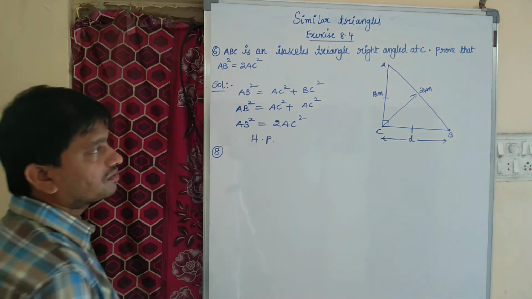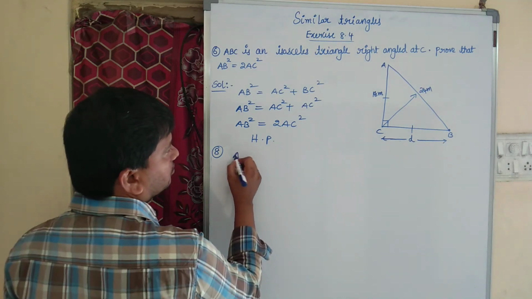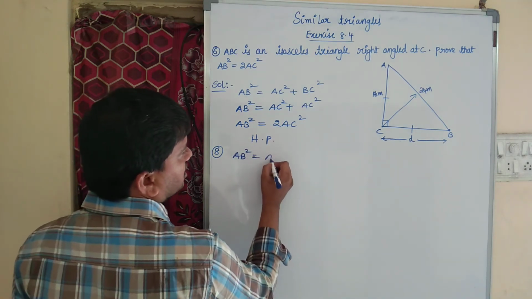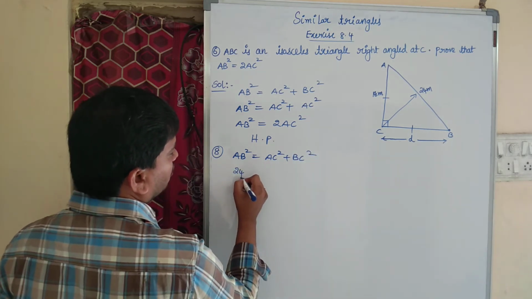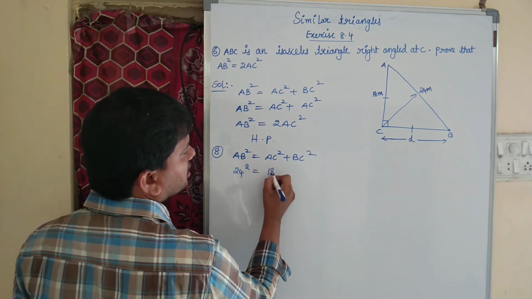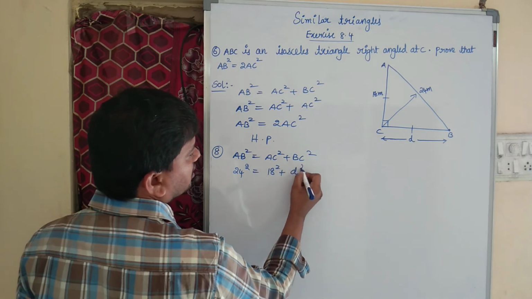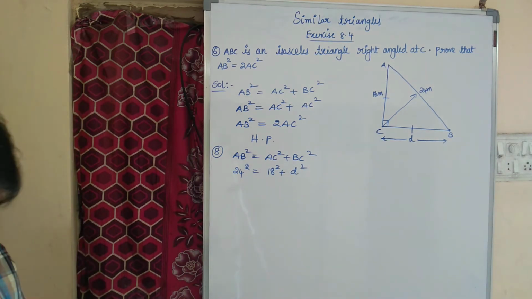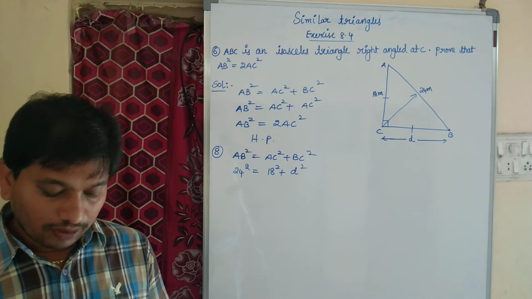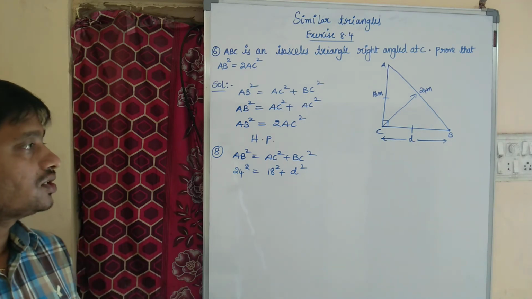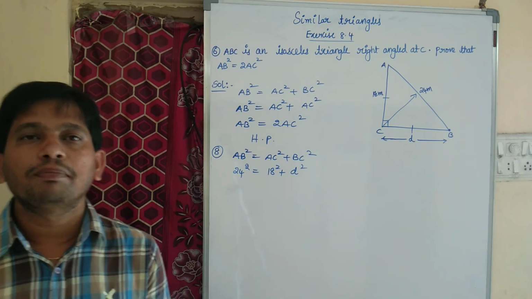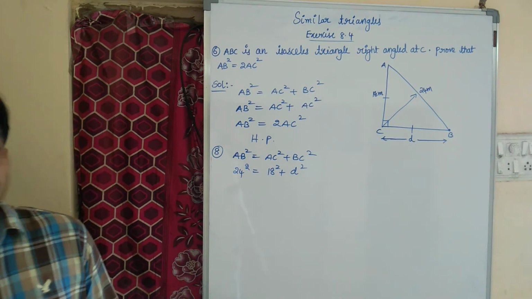Same, AB square equal to AC square plus BC square. AB is here 24 square equal to AC is 18 and BC is how far from the base of the pole the stake should be driven. So they are asking to find the distance between B and C, BC.